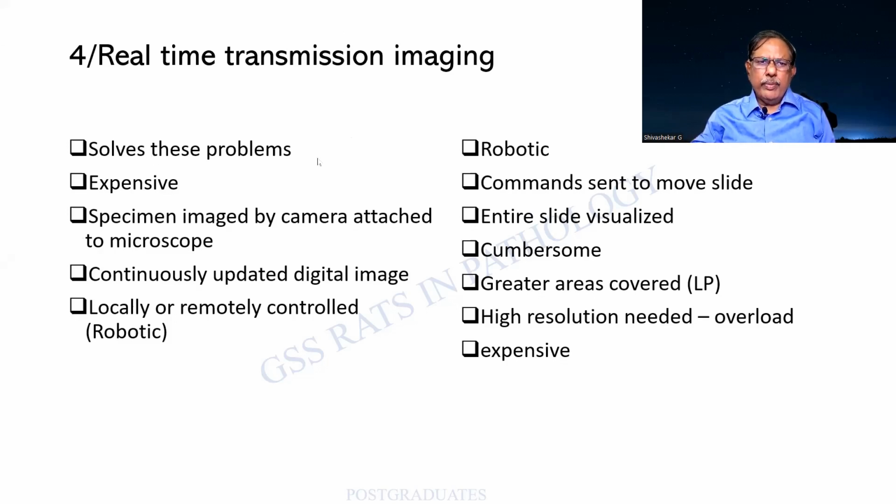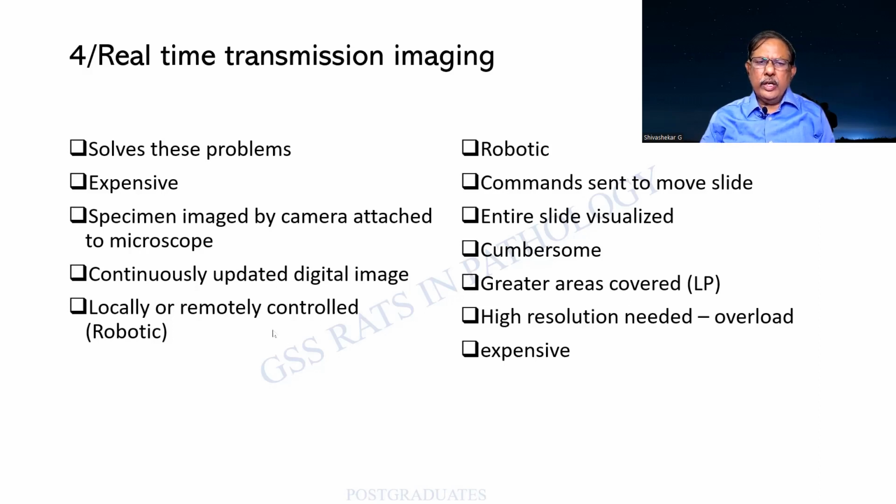This solves many of the problems that is there in the digital imaging for static images. But it is expensive. The specimen imaged by the camera, it is attached to the microscope. And there has to be a continuous updation of this.